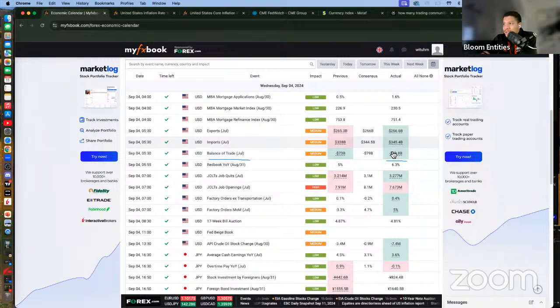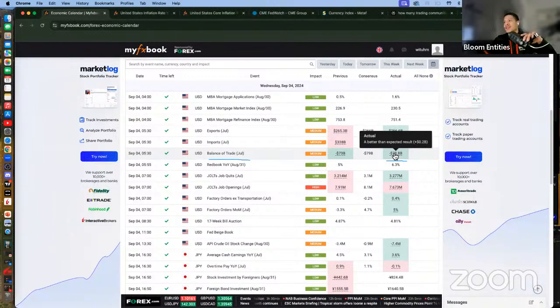And what does that say? A better than expected result, right? This is why it is slightly important for us to know what we're looking at. When it comes to this stuff, we can't just take it for what it is telling us, because sometimes it's telling us the exact opposite of what it's giving us. And so this is negative for the dollar, right?